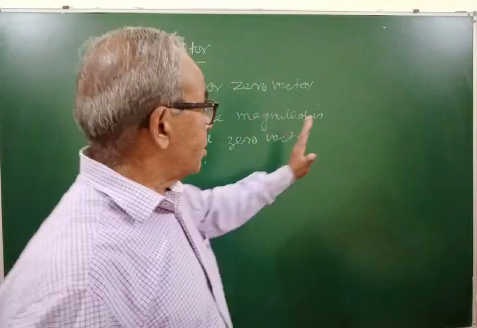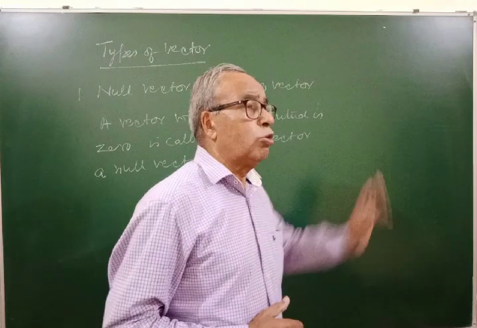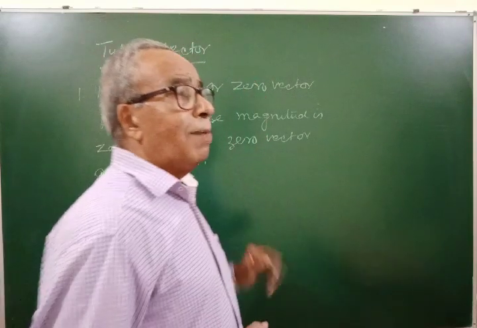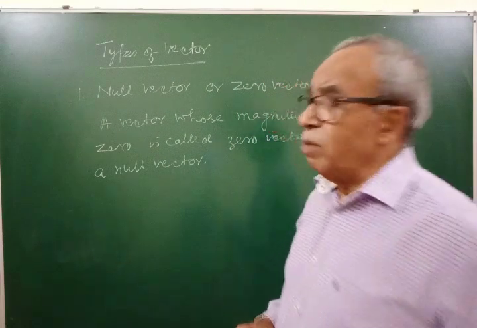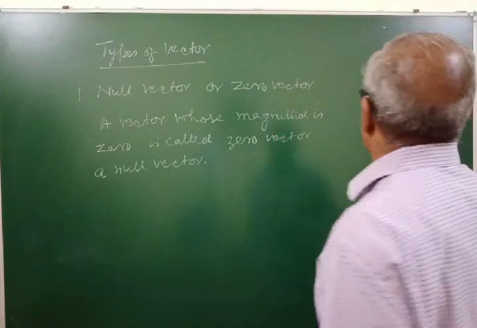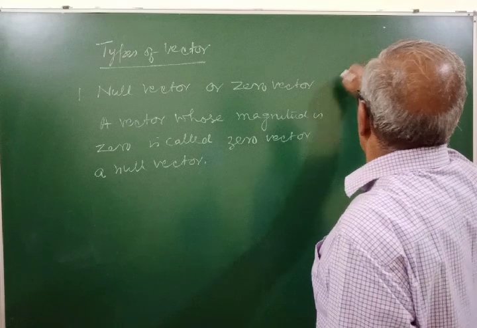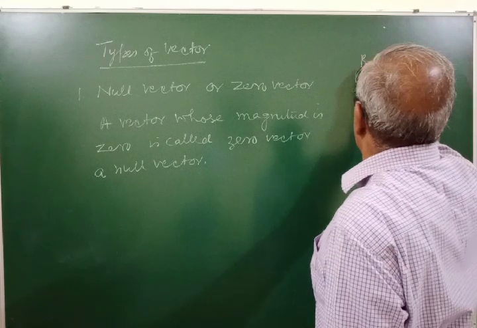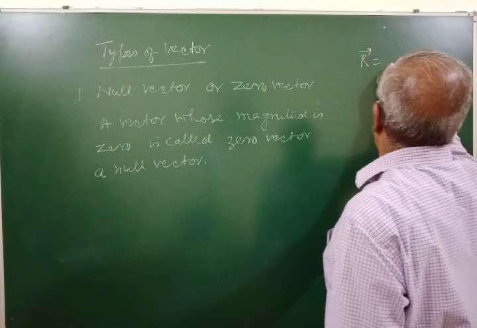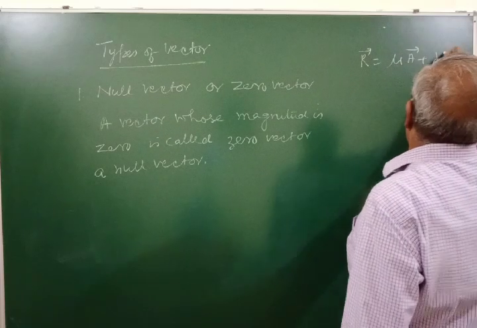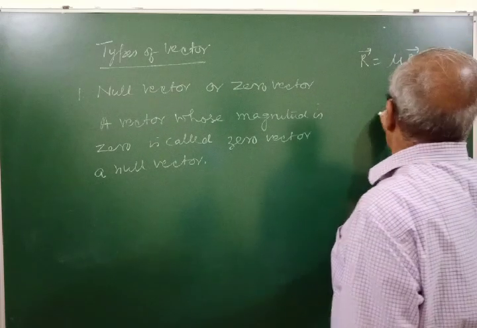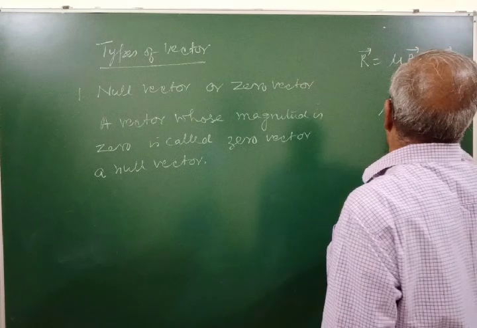You can't say this side force and this side velocity. So if the left hand side is representing a vector, then the right hand side should be a vector. If I write vector R equal to mu A plus lambda B, and here mu is equal to minus lambda.